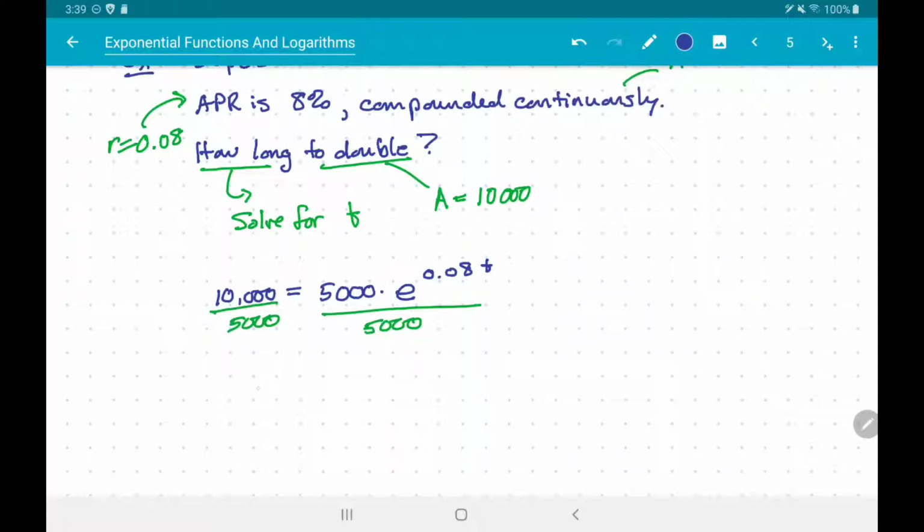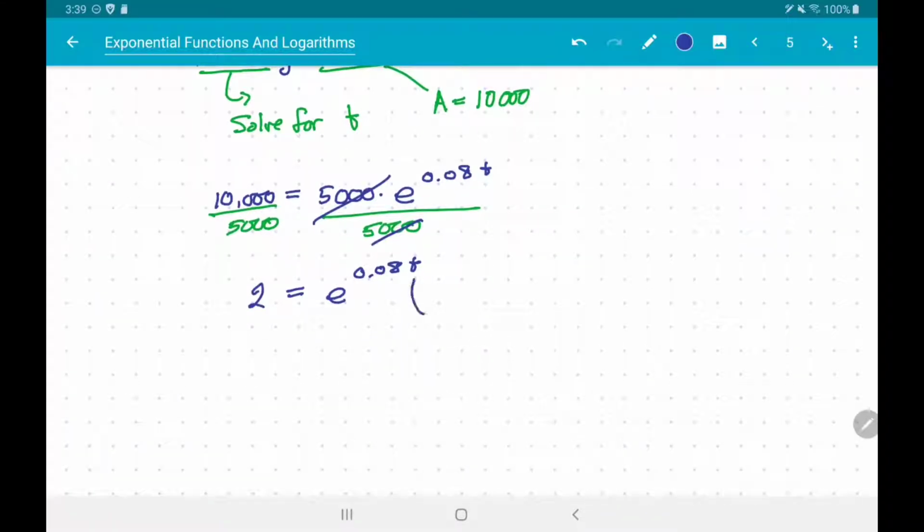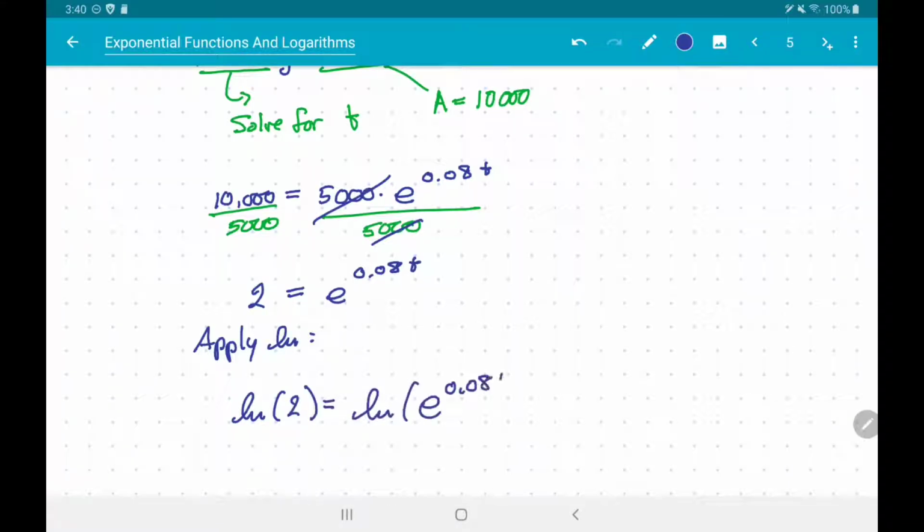That reduces to just 2 on the left, and on the right, we'll be left with e to the 0.08t. Okay, now the t is up in an exponent. How do we get to it? We'll apply ln. ln is a function. We need to apply it to both sides. I need ln of 2 equals ln of e to the 0.08t.